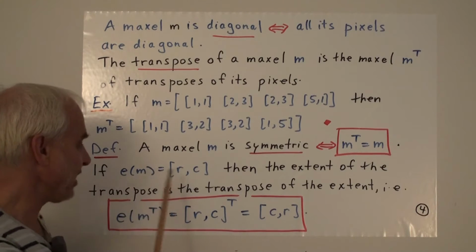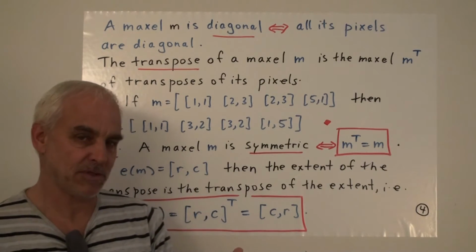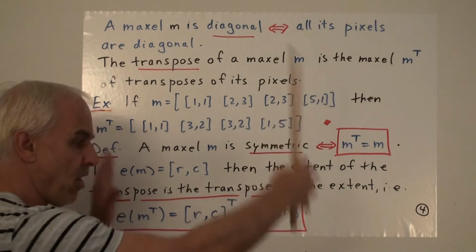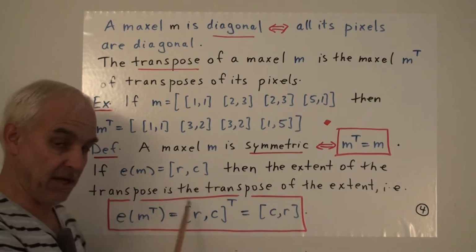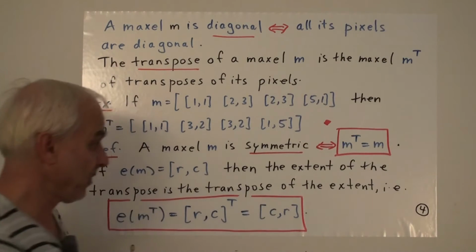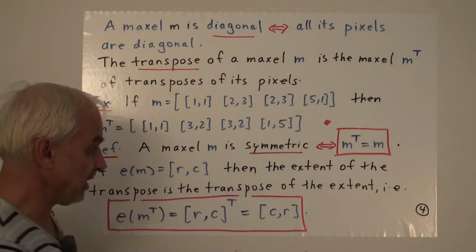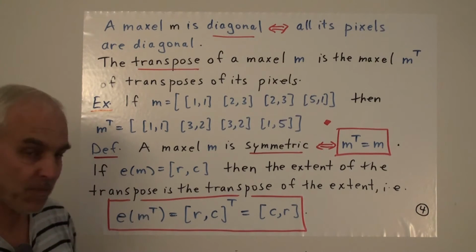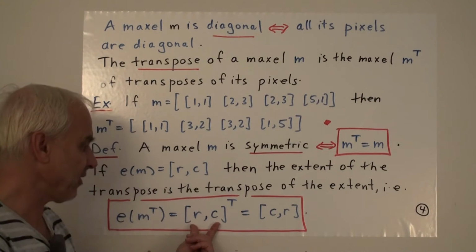And now let's have a look at the extent of a Maxwell and the relation with the extent of the transpose. So the extent of the Maxwell is the size of the smallest box that it sits in. So if that happens to be RC, meaning that there are R rows and C columns, then the extent of the transpose is the transpose of the extent. In other words, the extent of M transpose will be the transpose of this extent.